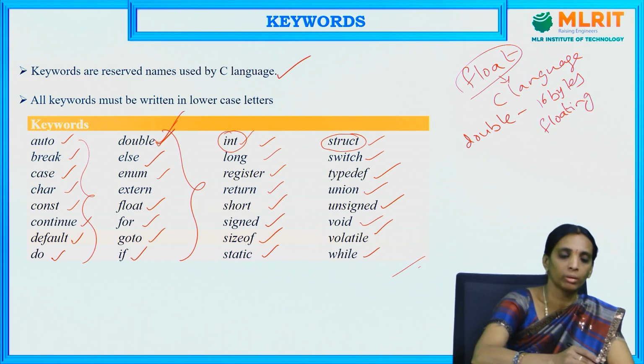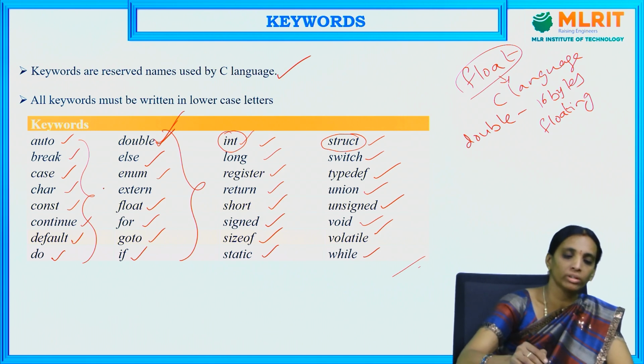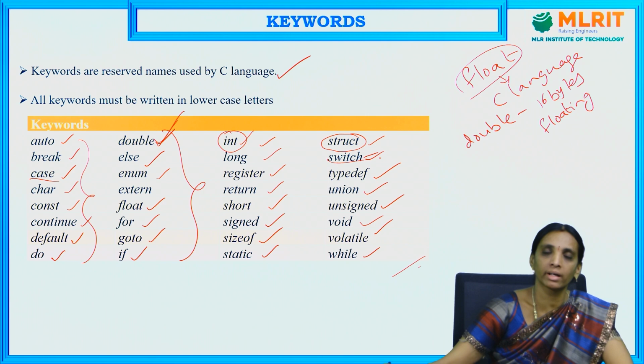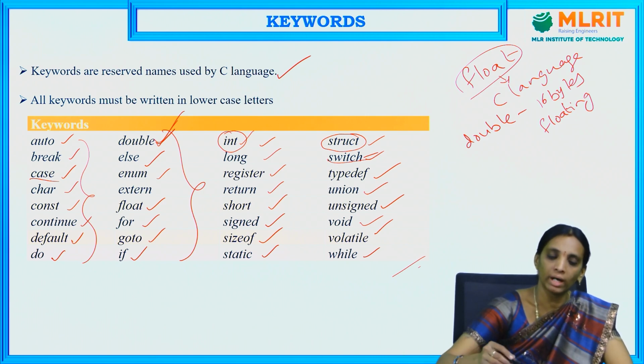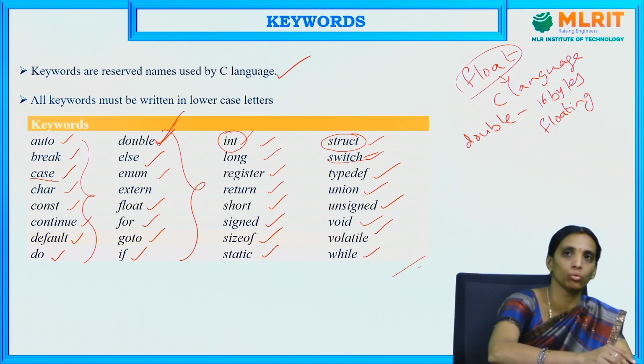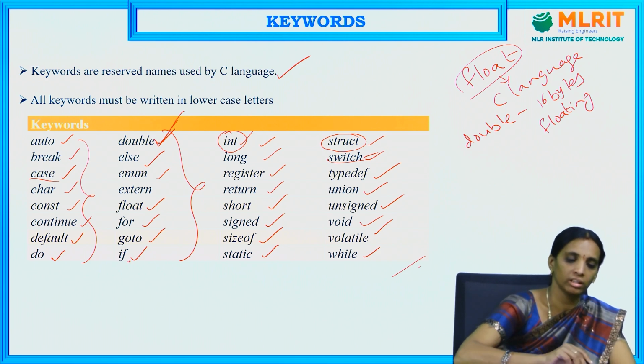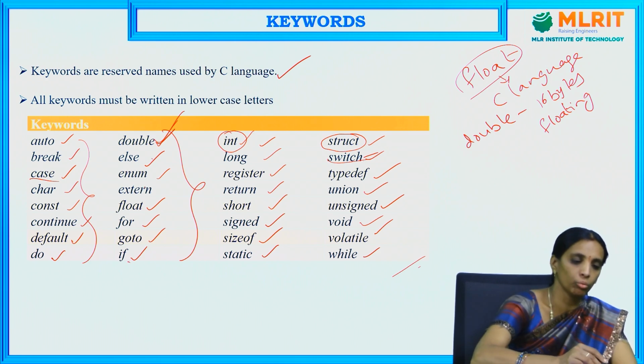So these are defined by double. Here switch and case will be used for different cases. While the condition is satisfied, we need to execute different cases. We have to use this switch and case in loops. Like that, if else are also used in the loops.